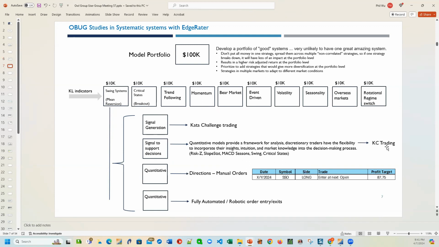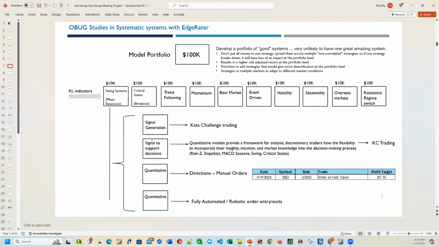That's some of the things we've been doing: in addition to, for example, the 5DD signal, we're looking at risk Z, slope stat, MACD seasons, and so forth. And for example, today you say, well, out of the list of 5DDs, Merck looks like a potential opportunity, and then do the kata challenge trading on the Merck.